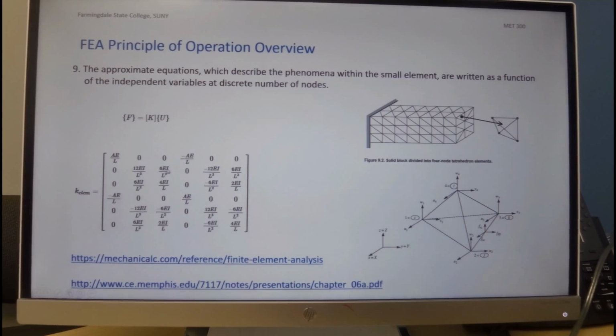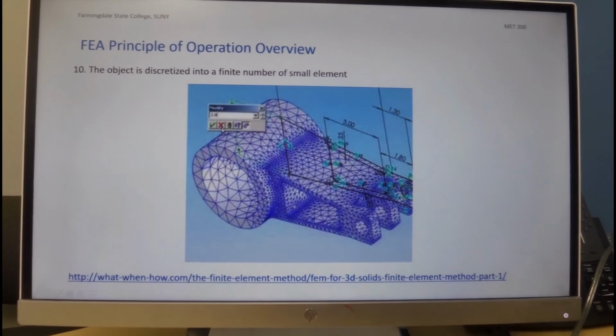We see over here also moment of inertia, and this is a representative of an element that has actually three linear and three angular degrees of freedom.